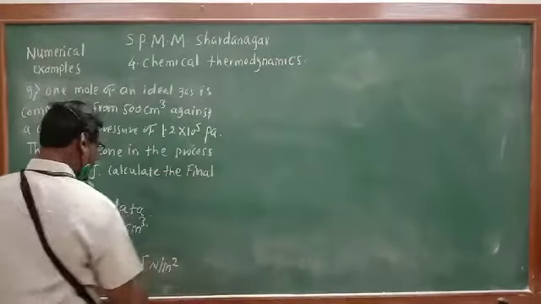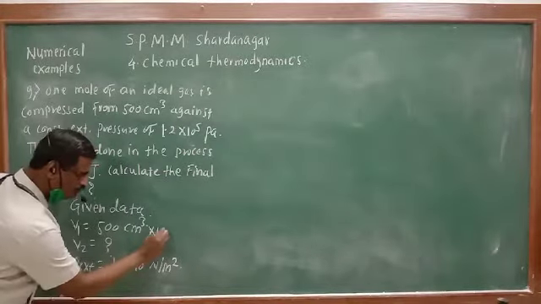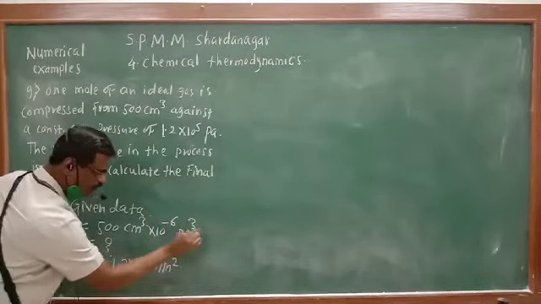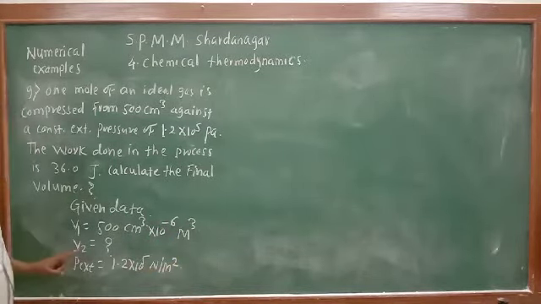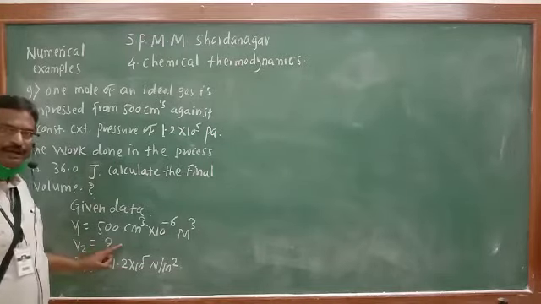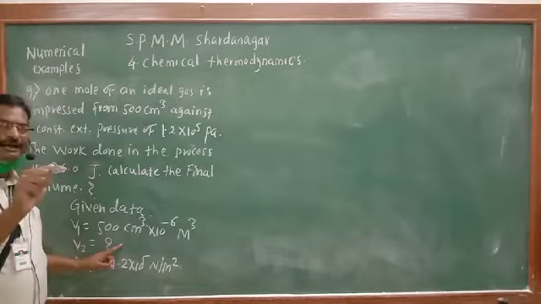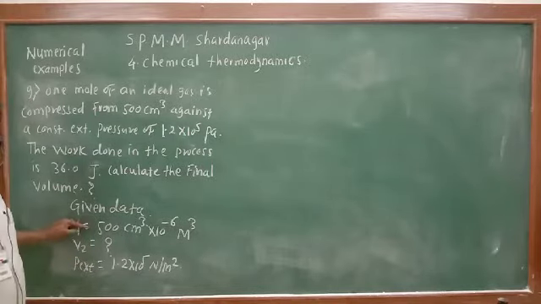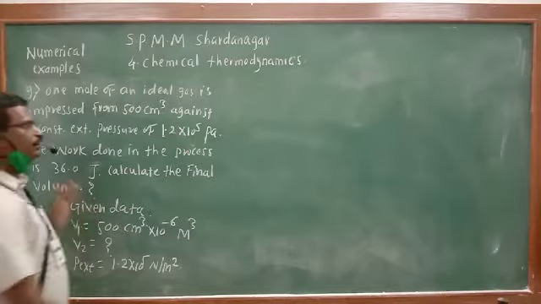Therefore this is multiplied by 10 raised to minus 6. Now it will be meter cube, and therefore V2 also we will get in meter cube, and finally we can convert that into centimeter cube because V1 is given in centimeter cube.